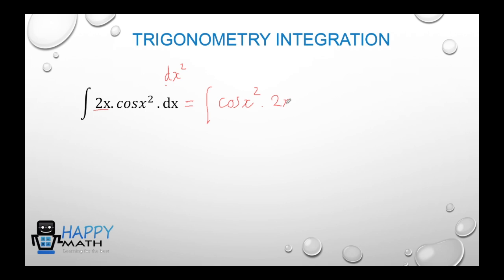You will see that 2x times dx stand near together. So when you remember the power rule of the derivative, when you take 2x from outside, it becomes the inside of the derivative. You should apply this method.